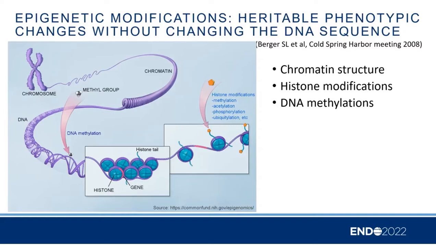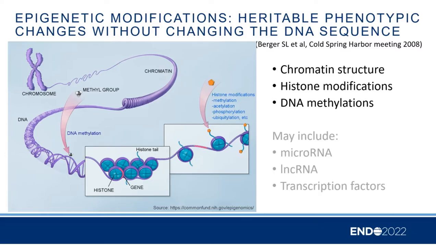Because this talk is about epigenetics, it's important to first define what epigenetics is for the purpose of my talk. By definition, epigenetic modifications are heritable phenotypic changes that don't involve changing the underlying DNA sequence. In the literature, it's usually used to describe changes in chromatin structure, histone modifications, or DNA methylation.